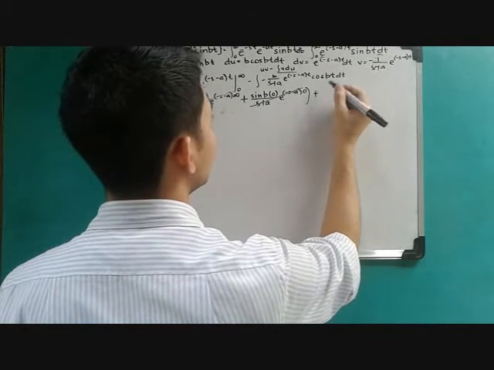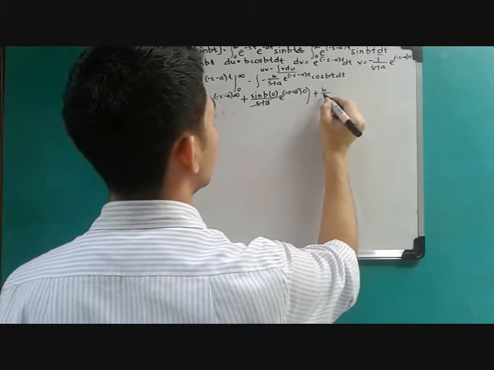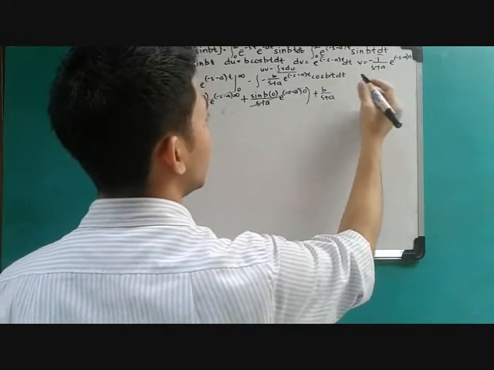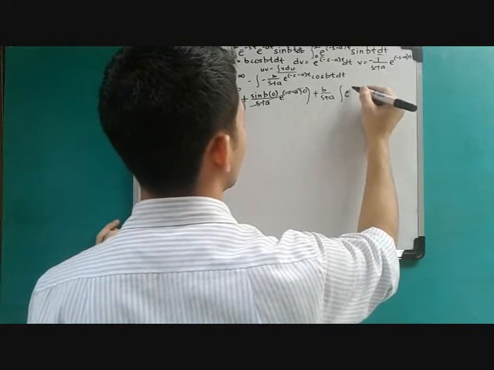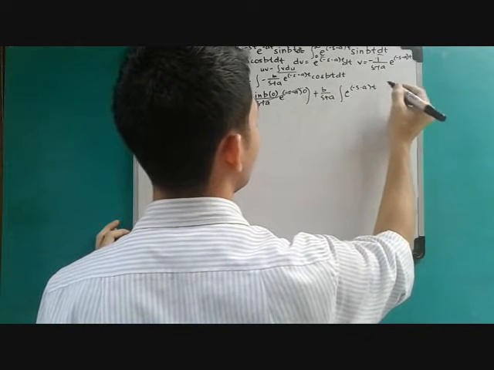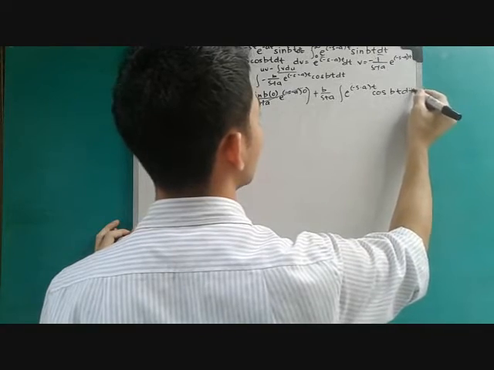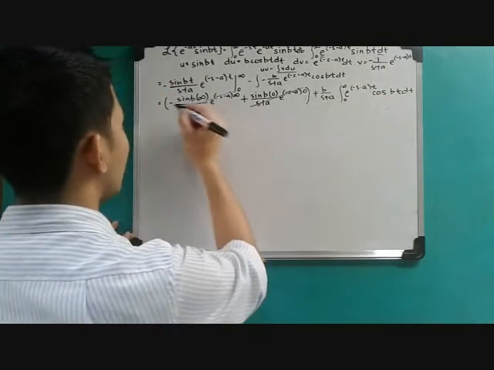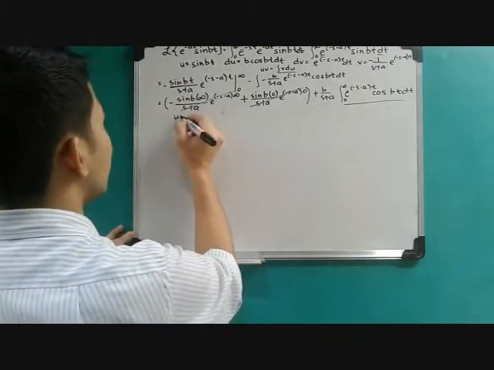So this will become positive b over s plus a, and the integration of e raised to the quantity negative s minus a times t cosine bt dt. Limits are from 0 to infinity. You need to find u in this equation.